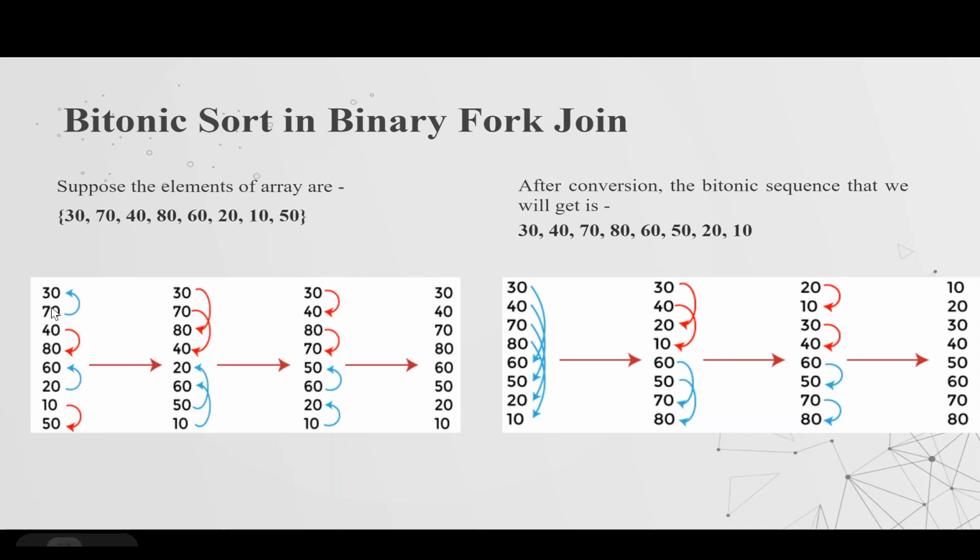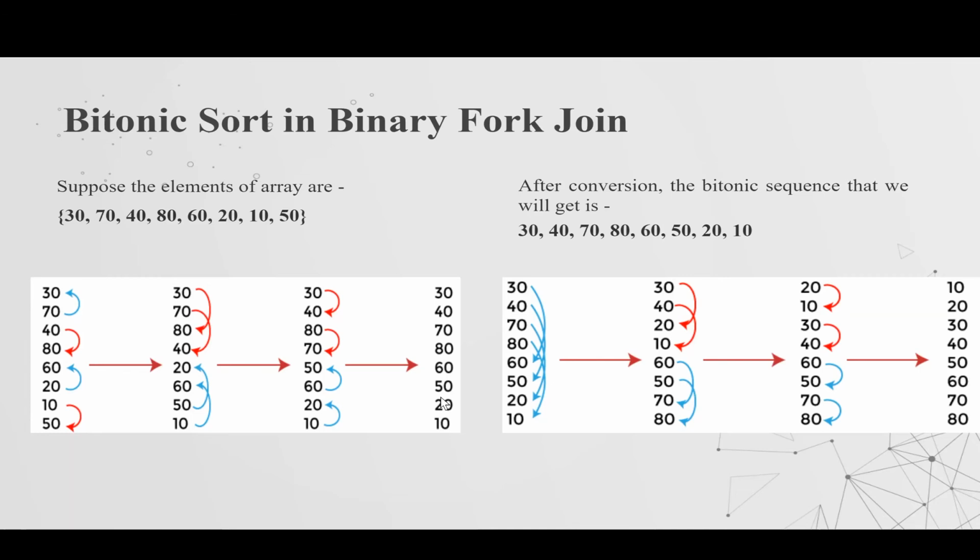After dividing it into subarrays, we first sort the first 2 elements in ascending order and the second 2 elements in descending order. Now consider this pair. We sort it in ascending order, and then these two we sort in descending order. Next we repeat this process for the remaining pairs until we get the Bitonic sequence.